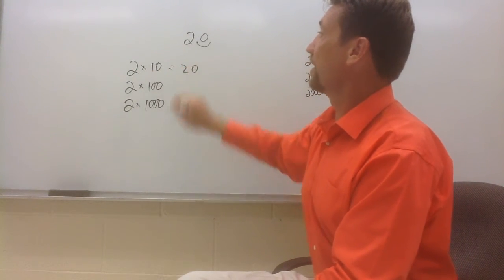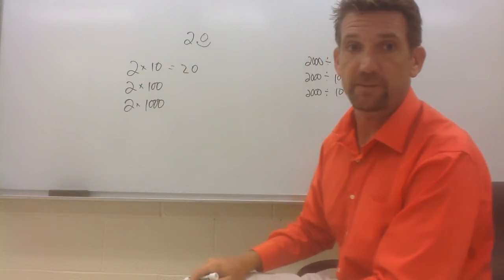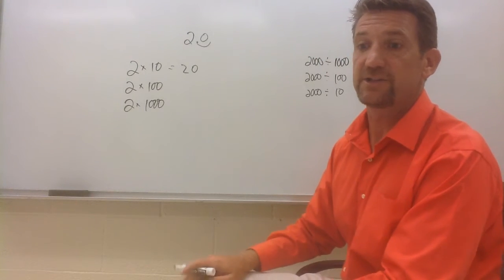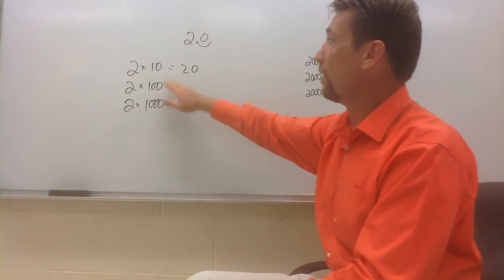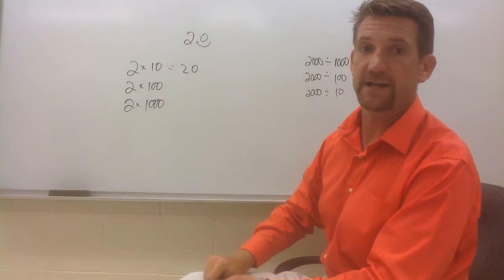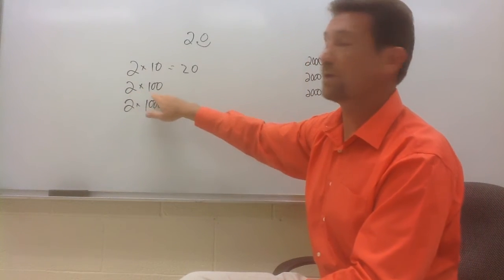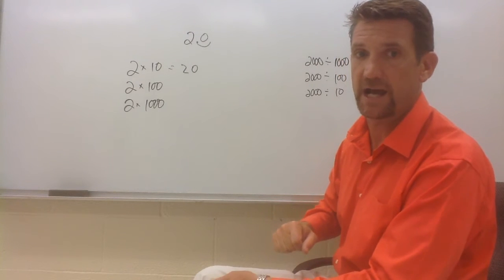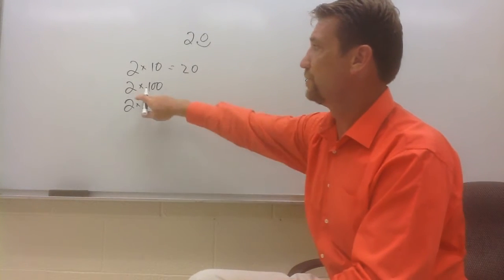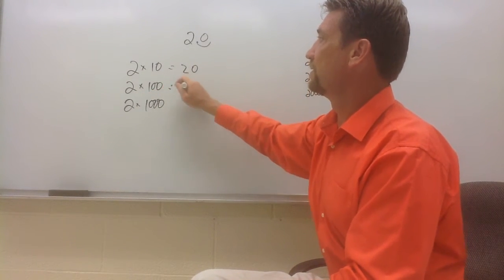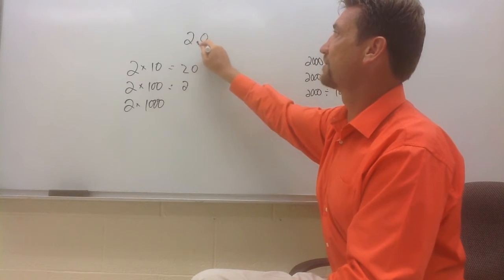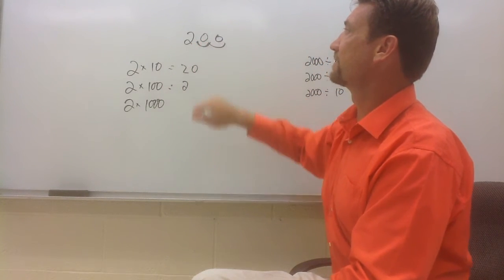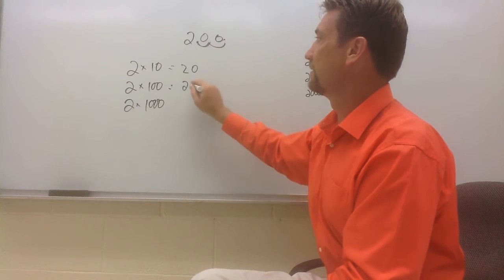So a shortcut when you're multiplying by a power of 10 is to just move the decimal one place when you multiply by 10. 2 times 100. Think about it. If you had 2 $100 bills, what do you got? You have 200. 2 times 100 is 200, and we move the decimal 2 places. Now we've got a 200.